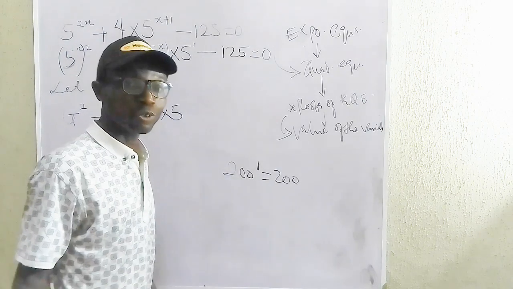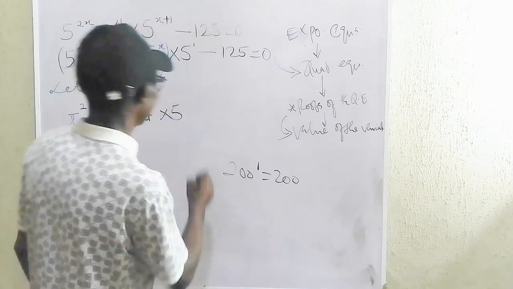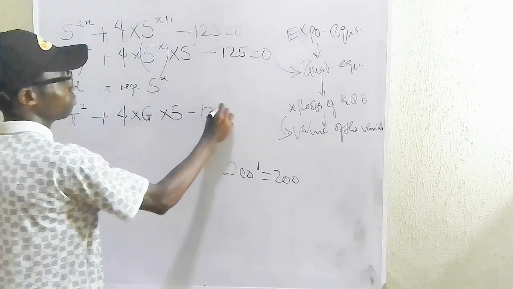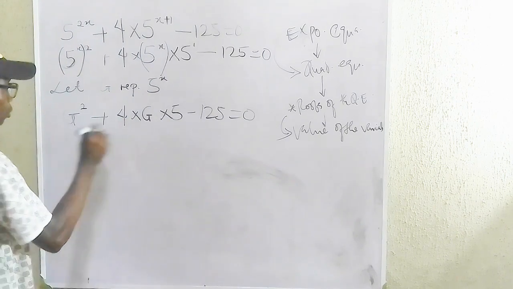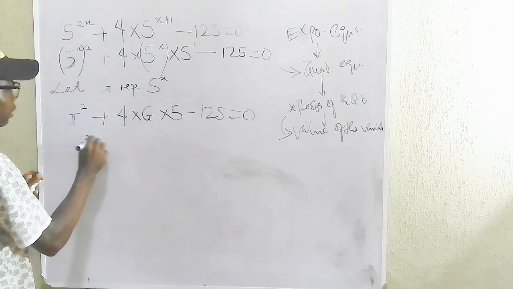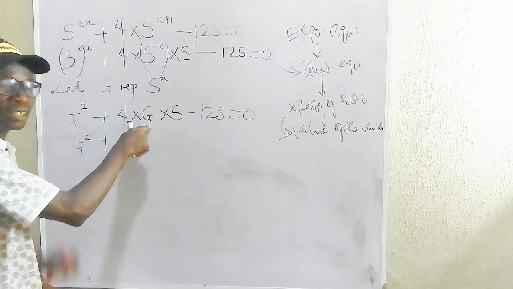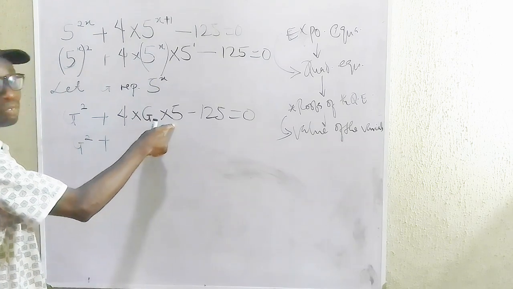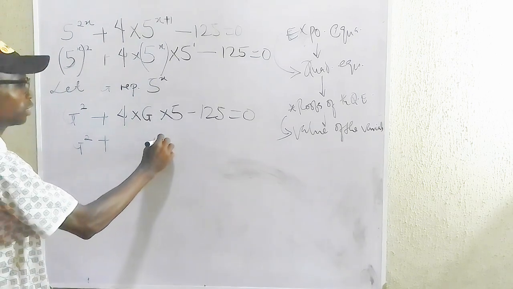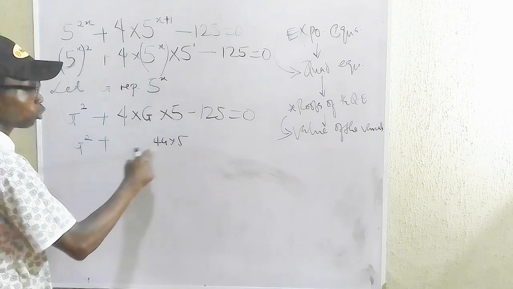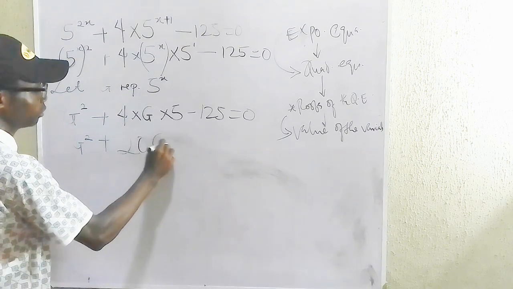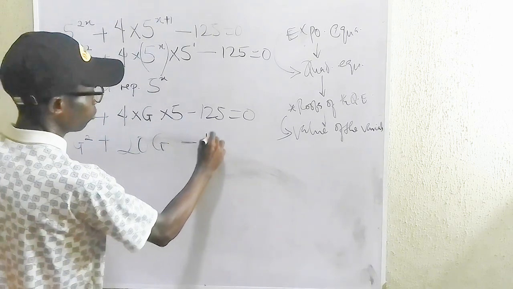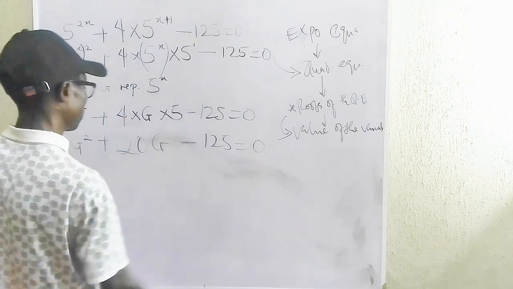What it means is write 200 once, and that's it. So minus 125 is equal to 0. So what do we have here? G squared plus 4g times 5. 4g times 5 is 20g. So we have G squared plus 20g minus 125 is equal to 0.